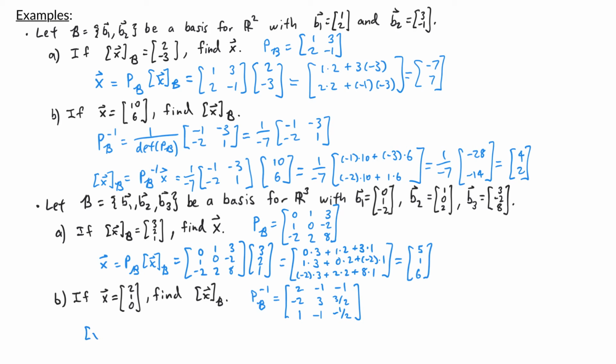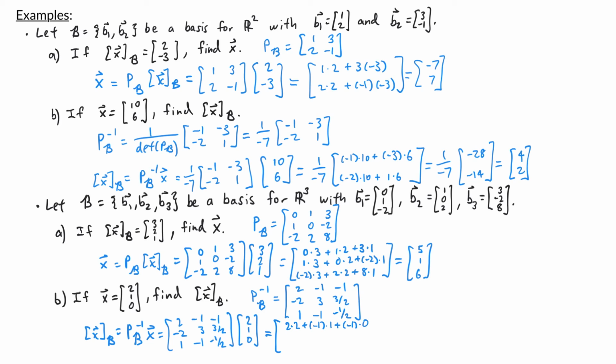So to find the B-coordinate vector for x, we do P_B inverse times x. So that's [2, -1, -1; -2, 3, 3/2; 1, -1, -1/2] times the vector (2, 1, 0). So for this product, in the top entry we have 2 times 2 plus negative 1 times 1 plus negative 1 times 0.